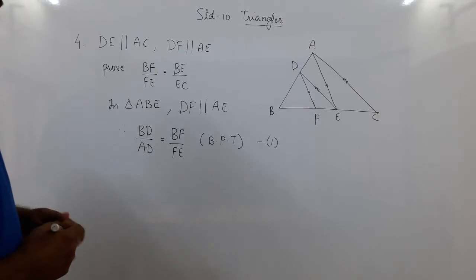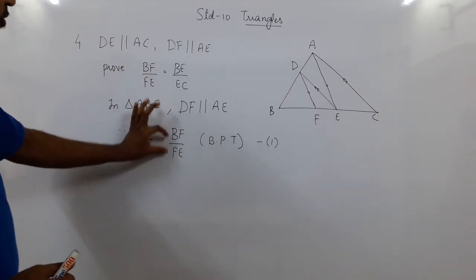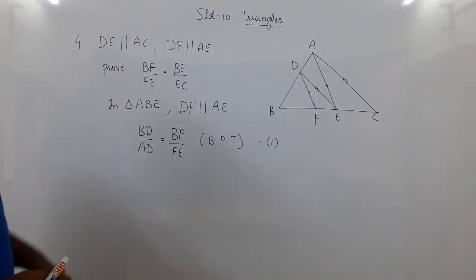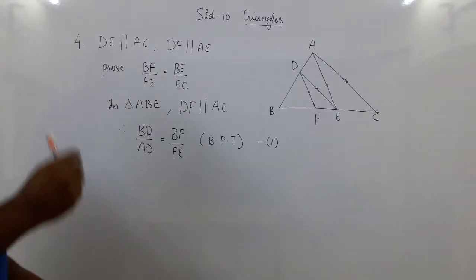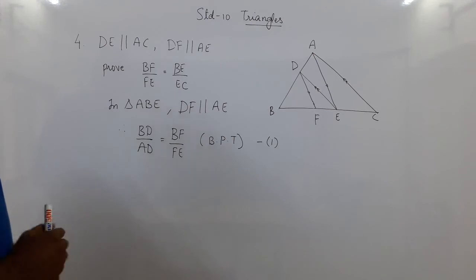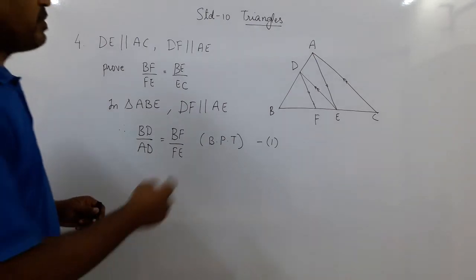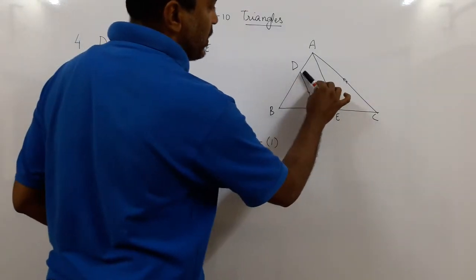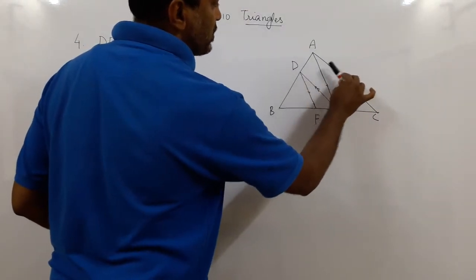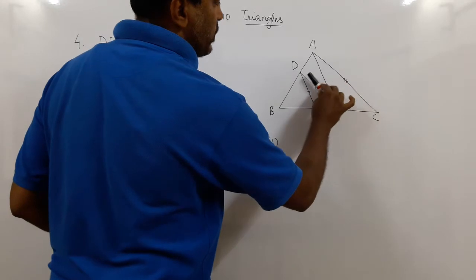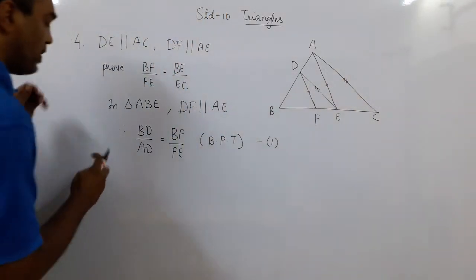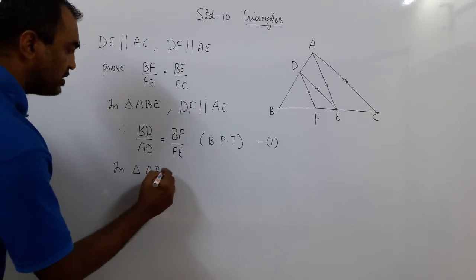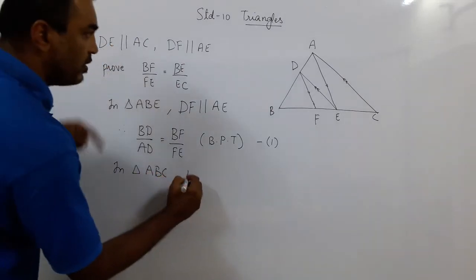Now I have BF upon FE. Now BE upon EC. Again, a choice of an appropriate triangle. Which triangle will I choose this time? This time I will choose the triangle ABC, because I am taking this line parallel to this line. What is given?